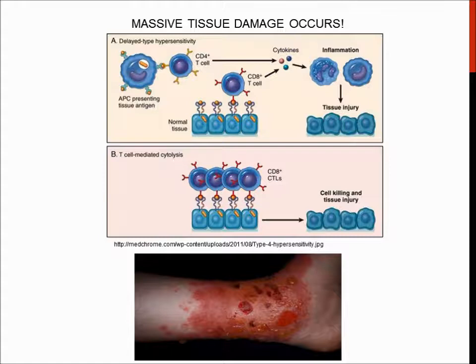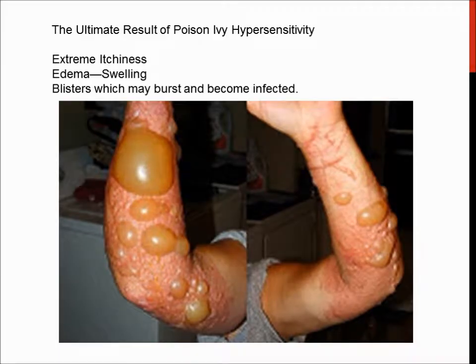Eventually, a granuloma forms with macrophages and T cells surrounding the antigen at the center. All of this takes time for the body to process. As you can see from this illustration, the body's response to poison oak, poison ivy, poison sumac can be, well, very extensive. I would hate to be this individual.